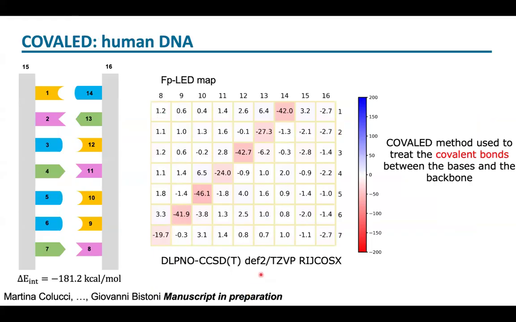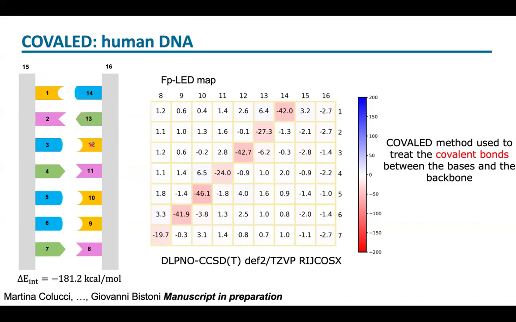As an additional illustrative case study for the application of the COVALED approach, I show here the results of a fragment pairwise LED analysis for the interaction between two DNA strands forming human DNA, where the COVALED method was used to treat the bonds between the bases and the backbones. Now, the diagonal terms in the LED maps represent the base pair interactions, which are the strongest interactions in the system.